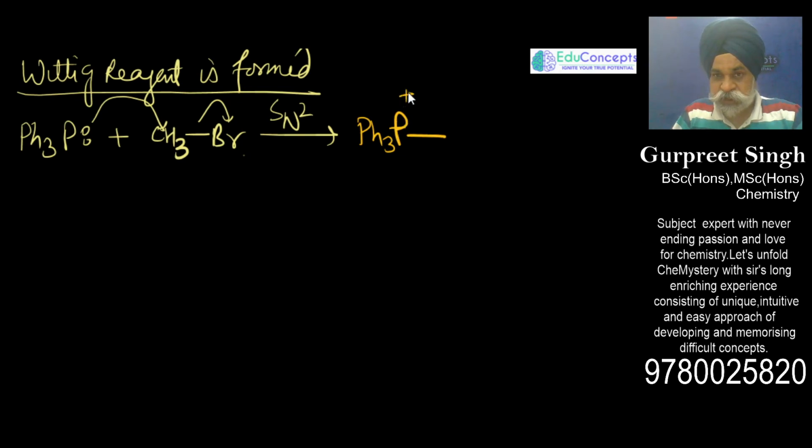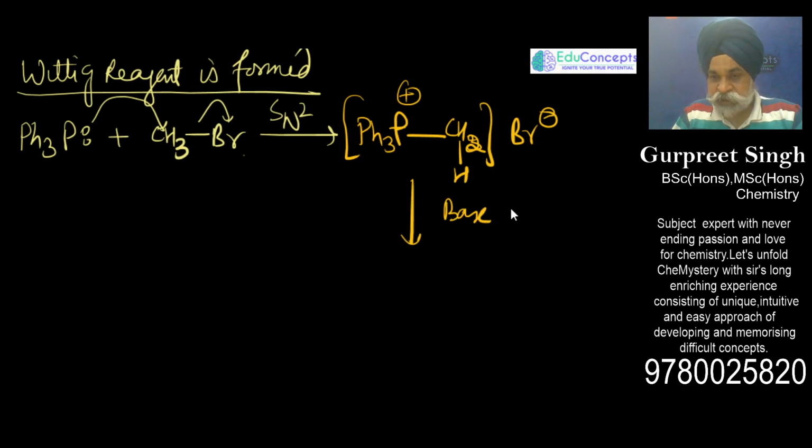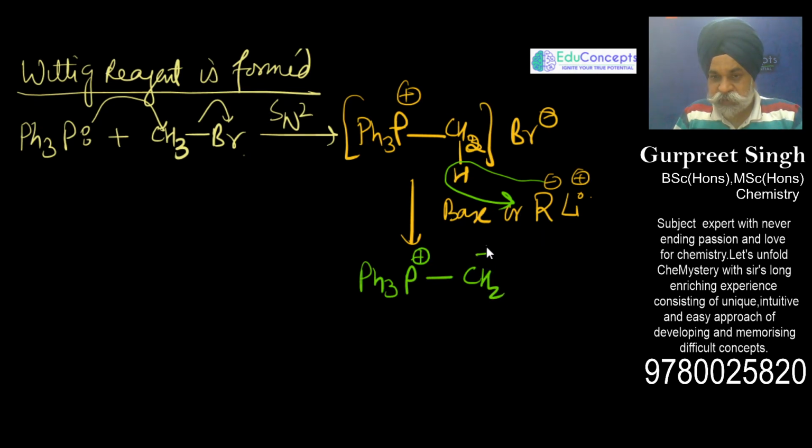So phosphorus would get a positive charge. This is CH3 and the counter ion is Br negative. Now into this system, if you add some base, like alkyl lithium, which is a source of carbanion, this carbanion or any base would abstract this H, resulting in the formation of this particular compound. And this would become negative, you would get this reagent.